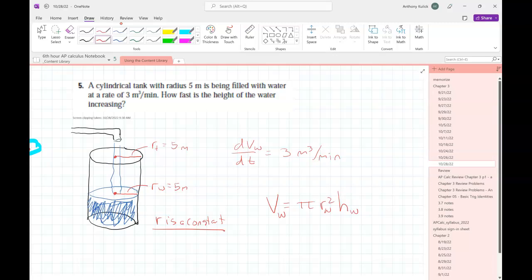Now, remember that R is a constant. So if I differentiate now, there's no product rule. I get no dr/dt quantity. Everybody agree? So let's go ahead and do that.